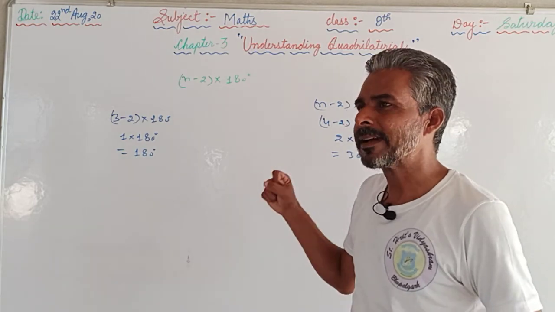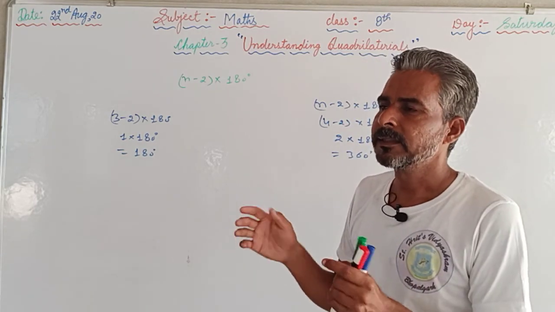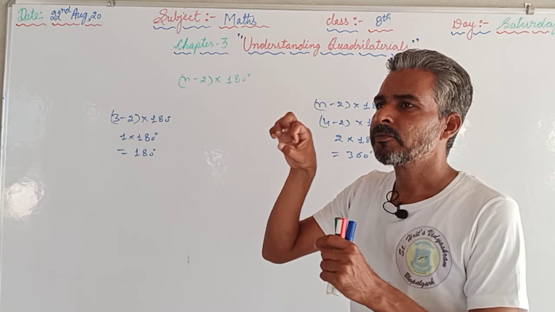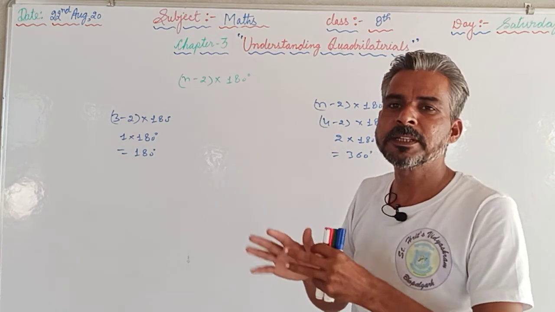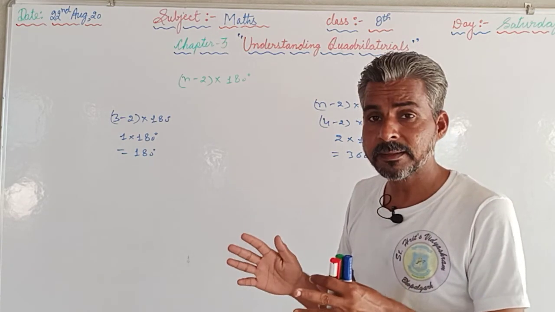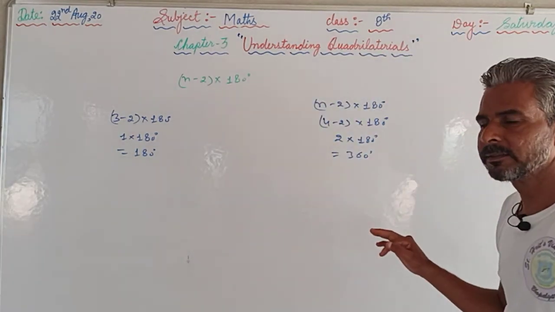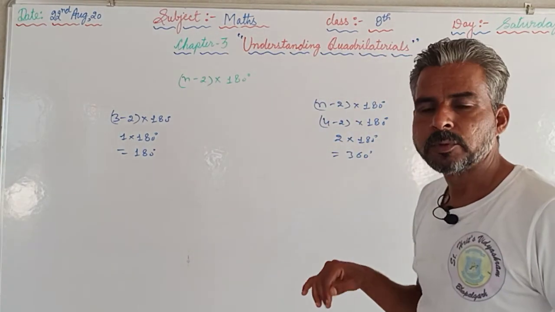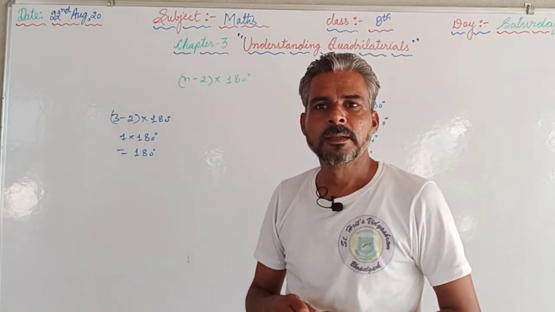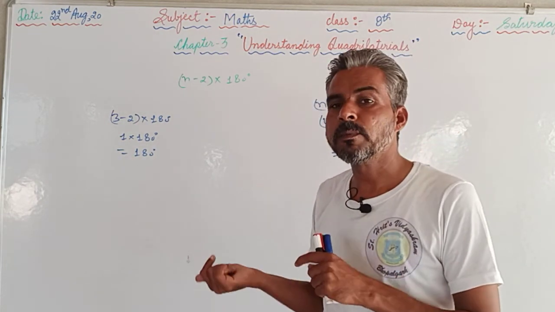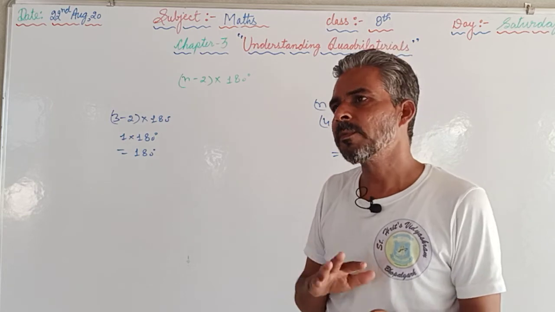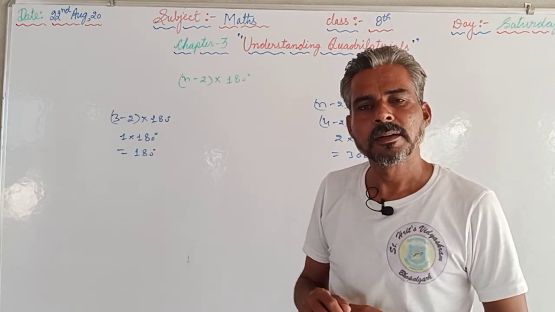In a triangle, if all the sides are equal, then we can call it a regular triangle, or the special name is equilateral. At the same time, if all the sides of a quadrilateral are equal, that is possible in two cases, either rhombus or square. So rhombus and square are regular quadrilaterals.